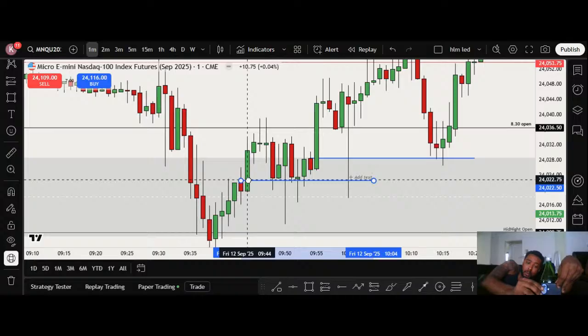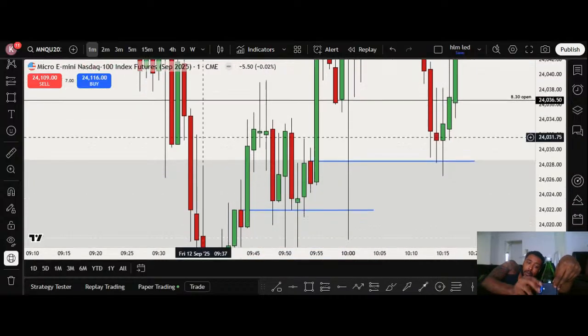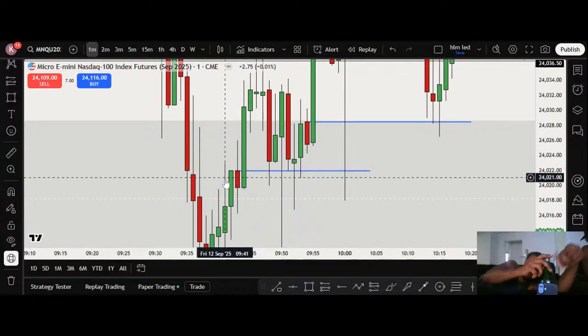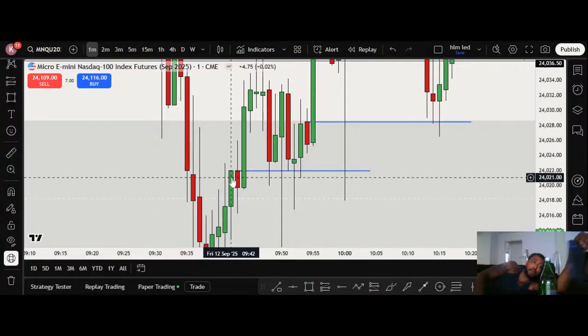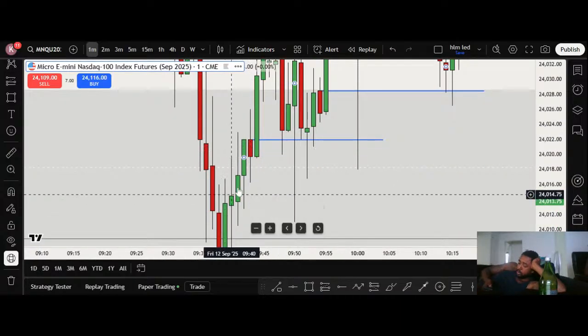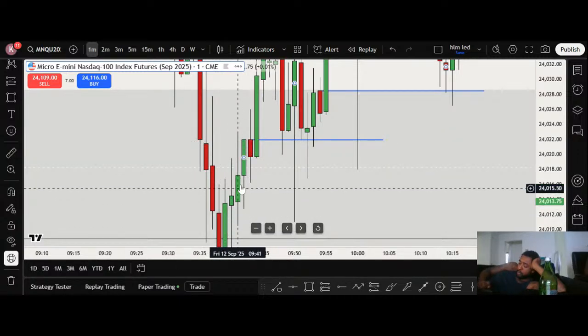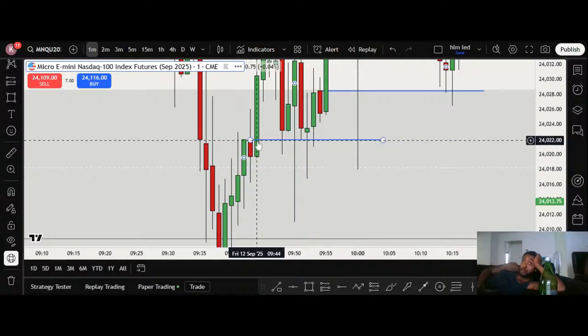For more advanced traders, you would want to wait until you get a bearish candle in bullish order flow. So we're bullish, bearish, bullish.